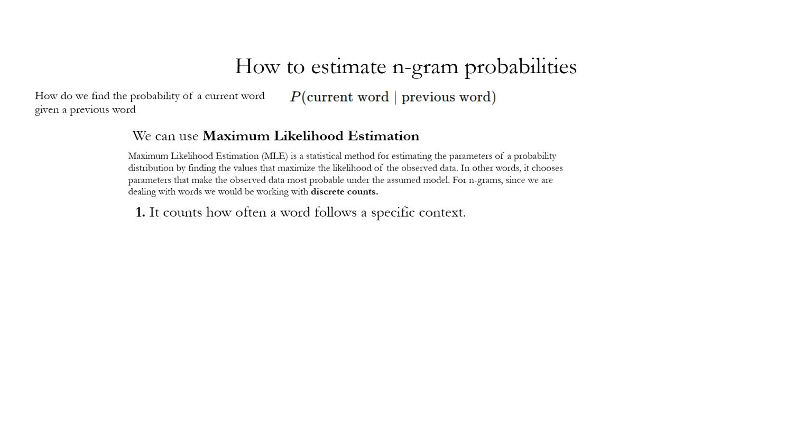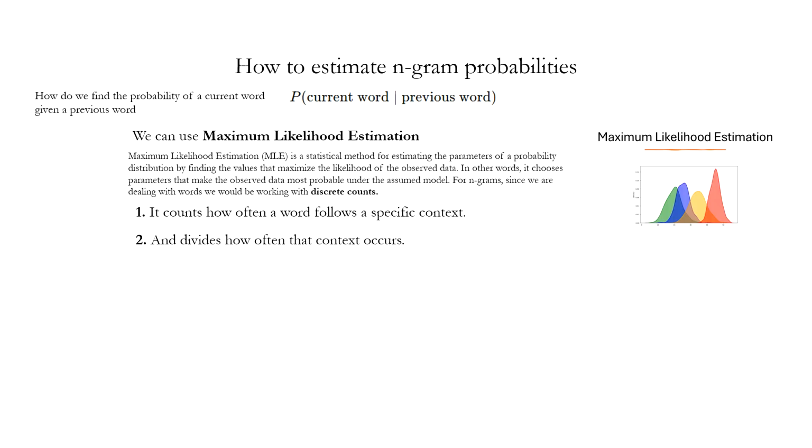How do we implement maximum likelihood estimation with respect to n-grams? It counts how often a word appears in a specific context and divides by how often the context occurs. Now, I mentioned the types of distributions, what discrete and continuous are, and I go into a little more depth in the following video on maximum likelihood estimation.